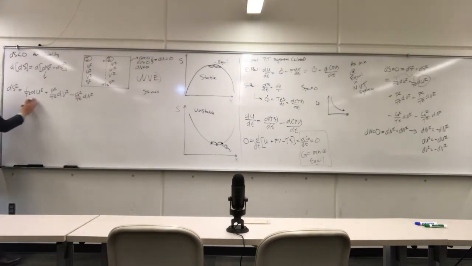So I have 1, 2, 3 expressions, double it for this one here, 4, 5, 6 expressions. Then I have to take the total differential of this one, and this one. So if I take the total differential, this is going to have how many terms?